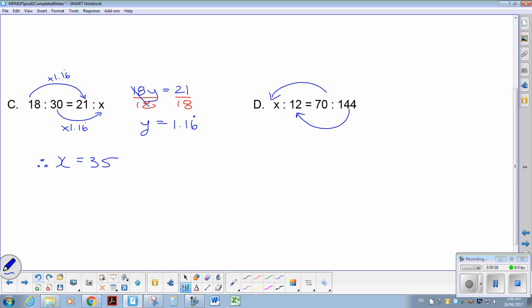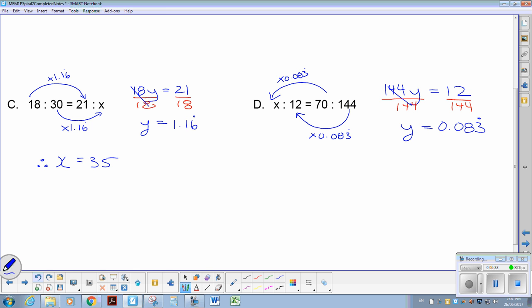That means that 144 times y is going to give me 12. So it's going to be a decimal value, and there's no problem with that. Divide both sides by 144. It's an inverse operation. 12 divided by 144 is 0.083 repeated. So that means I have to multiply by 0.083 repeated.